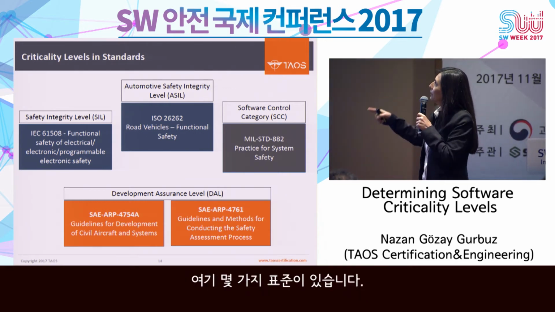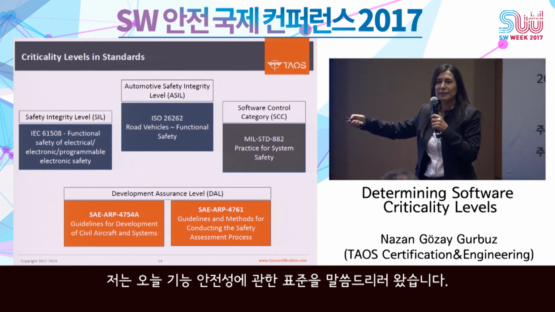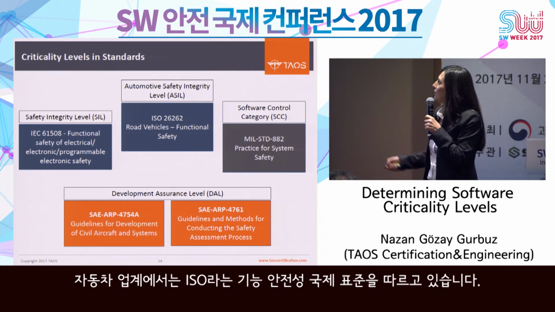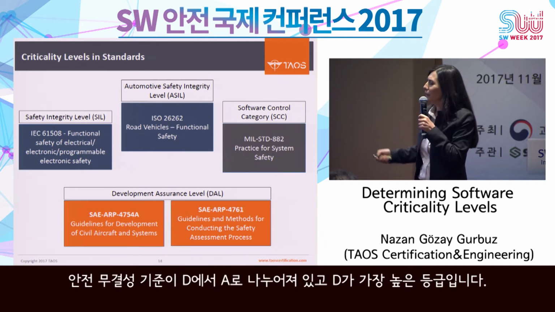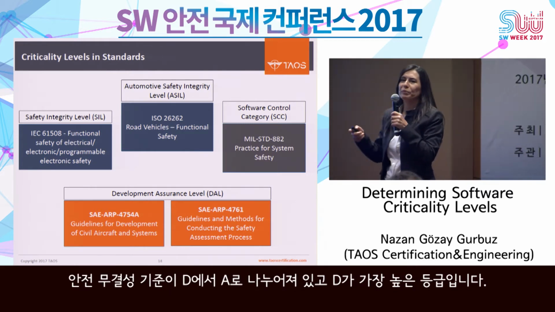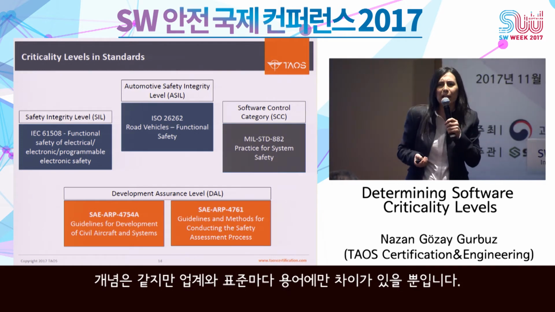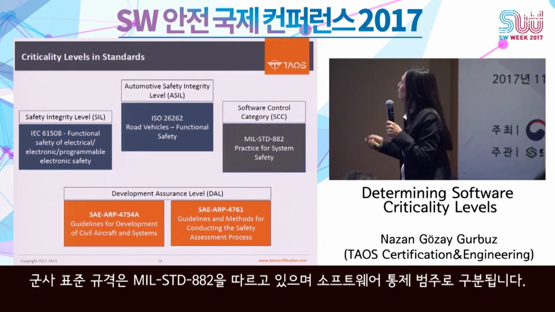Now, here are some standards. Amir talked about standards for functional safety. In the automotive industry, we use ISO 26262. It describes integrity levels from D to A, where D is the highest level. The idea is the same, but the terminology is different in different industries and standards.